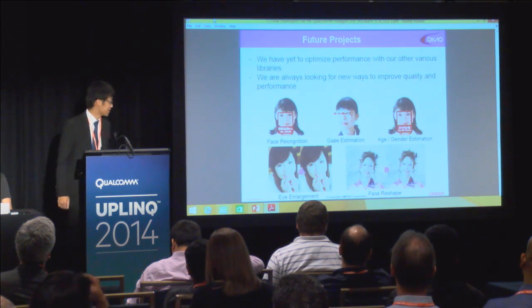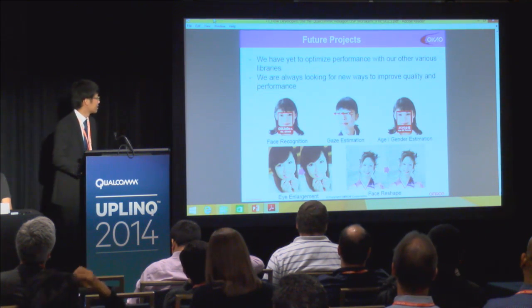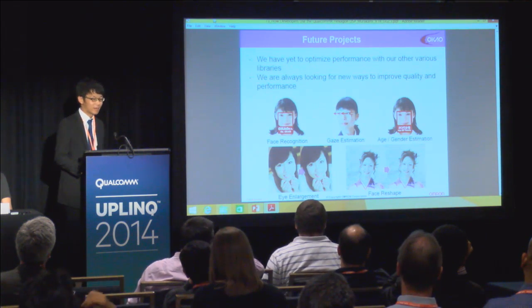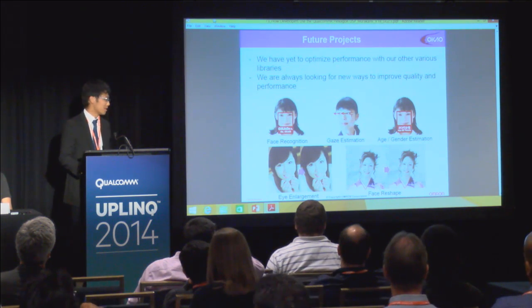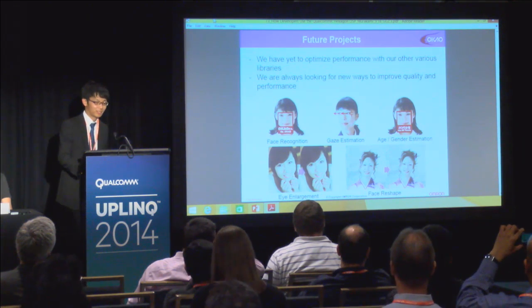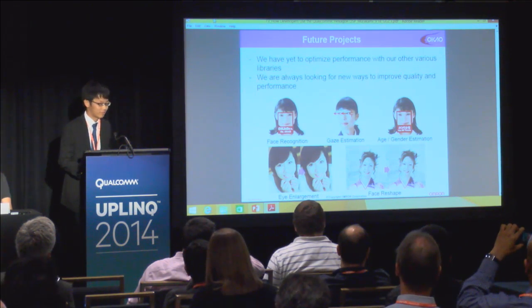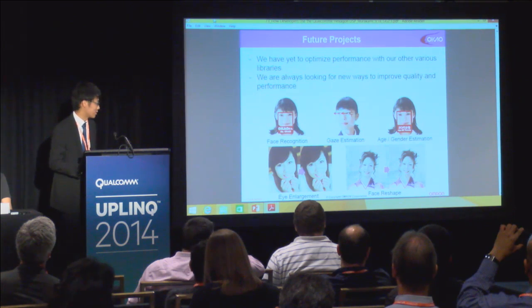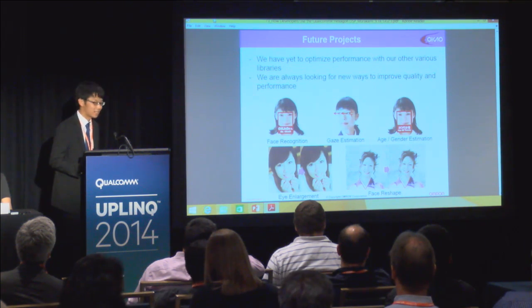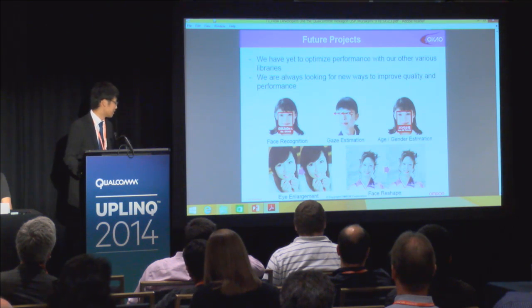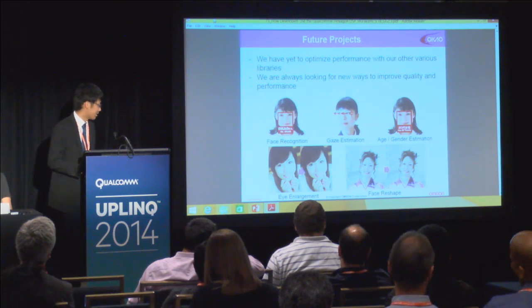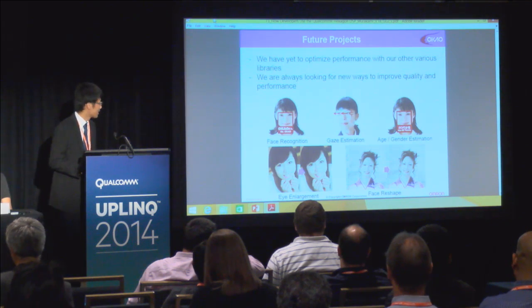So this is the last slide. A future project. We can provide our customers with our various libraries, for example face recognition, gaze estimation, age and gender estimation, and Okao beautification, or eye enlargement and face reshape.